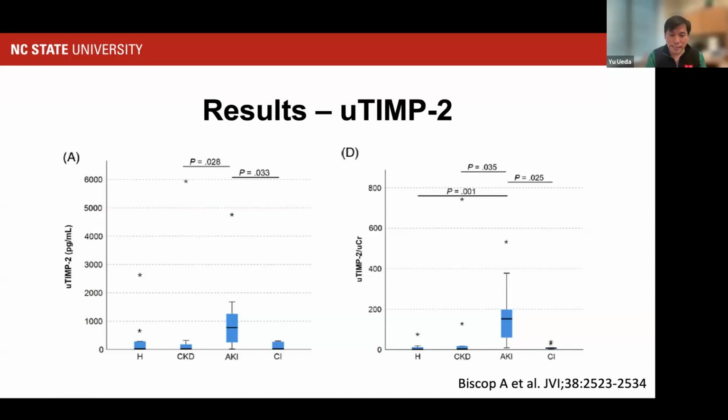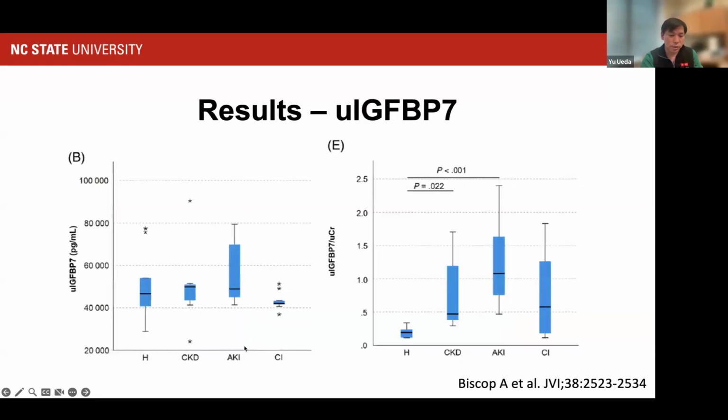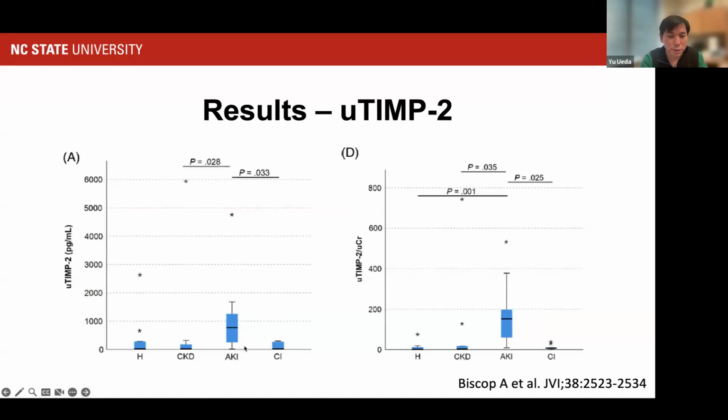In this first slide of the urinary stress marker results is the urinary TIMP2 concentration. The left graph shows the raw concentration of urinary TIMP2, and you can see the dogs in the AKI group had a significantly higher concentration compared to the CKD group and the critically ill group.